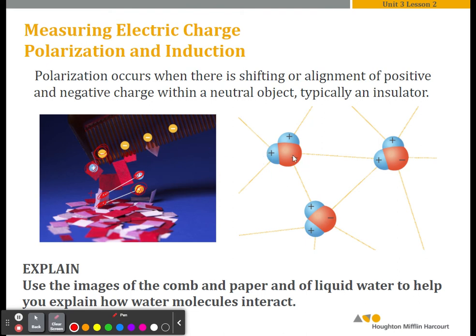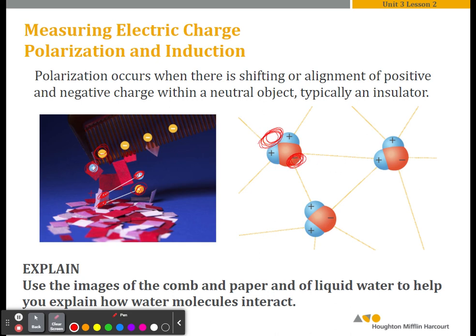We see the same thing in water. Water has a negative end. The oxygen end of the water is negative, and the hydrogen end of the water is positive. So the oxygen atom has a partial negative charge, and the hydrogen atoms have partial positive charges. The hydrogen atoms attract oxygen atoms in nearby water molecules.